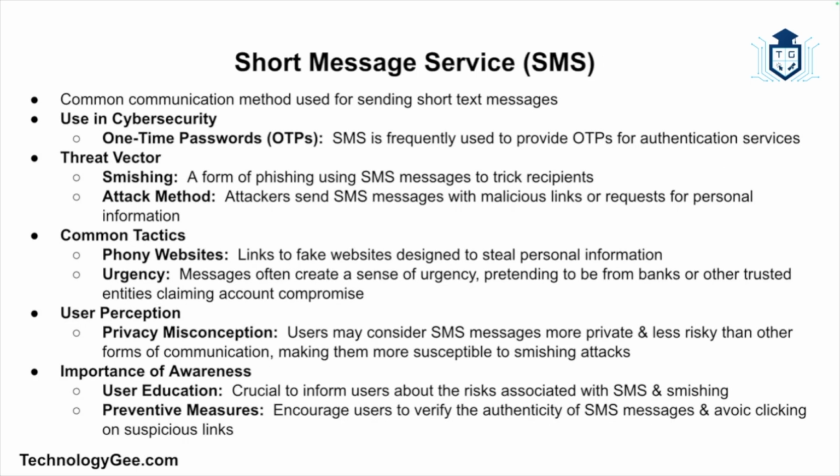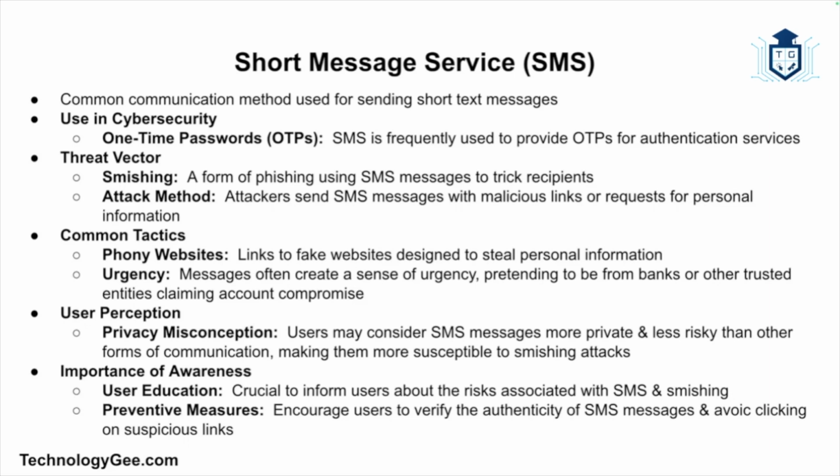Next, let's talk about short message service, or SMS. This is also known as text messaging in case you didn't know, and SMS is a threat vector that cyber criminals frequently use. SMS is a method used to provide one-time passwords to different types of one-time password services, and attackers may use SMS messages to trick recipients into downloading malicious software or divulging personal identification by including links to phony websites.